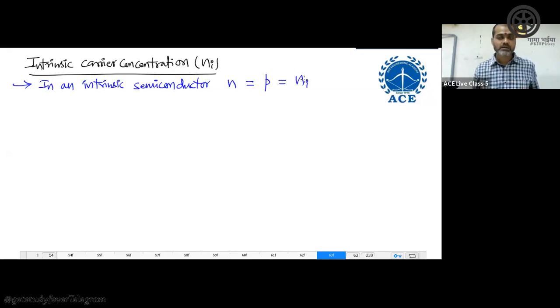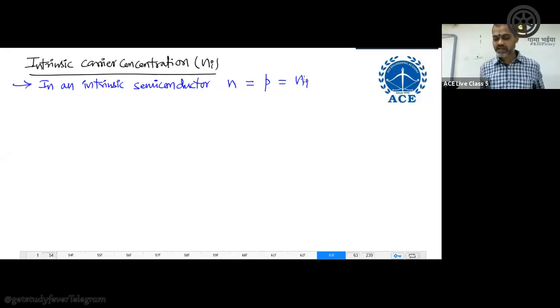And Ni is some notation we are using, which is nothing but intrinsic concentration. So Ni is nothing but what? Either you can take it as how many electrons are present in the conduction band, or how many holes are present in the valence band. Hope I am clear. There is a basic nature.